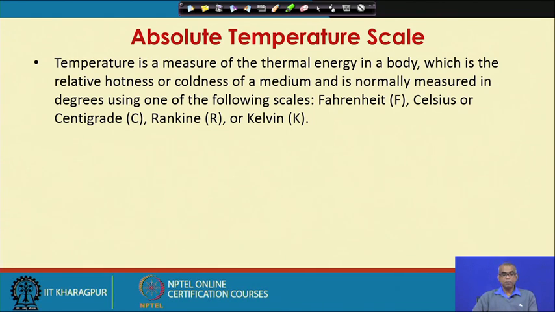So, we discussed that temperature is a measure of the thermal energy in a body, which is the relative hotness or coldness of a medium and is normally measured in degrees using one of the following scales: Fahrenheit, Celsius or centigrade, Rankine or Kelvin.